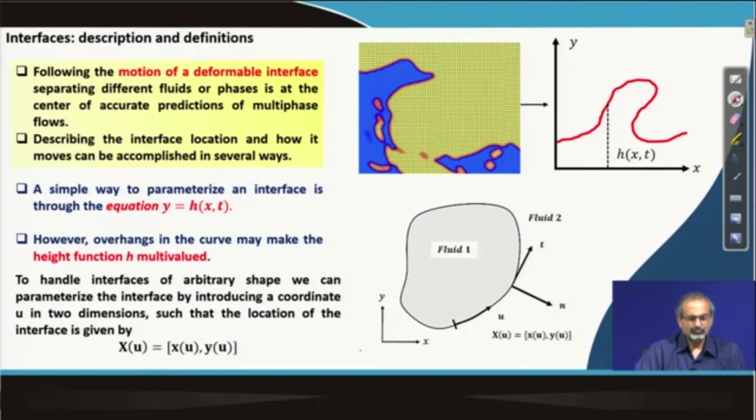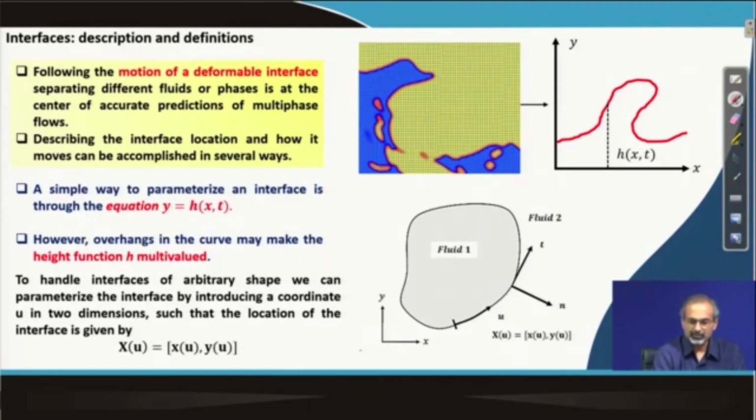And we have to have a suitable method by which we describe the interface location, and also a method by which we define its movement, because these interfaces are in general unsteady. They are going to change with time.